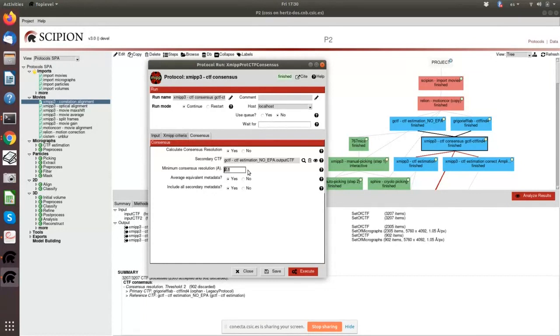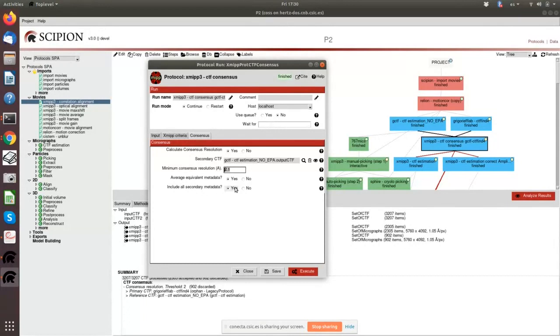But they can differ, because the defocus estimates are slightly different. I'm thinking in terms of parameter estimation.